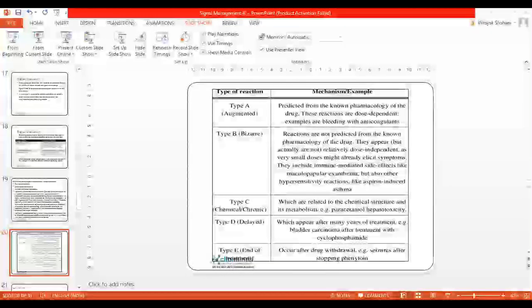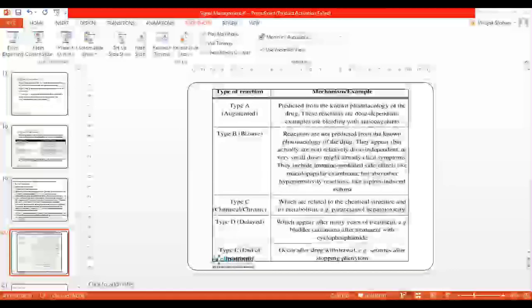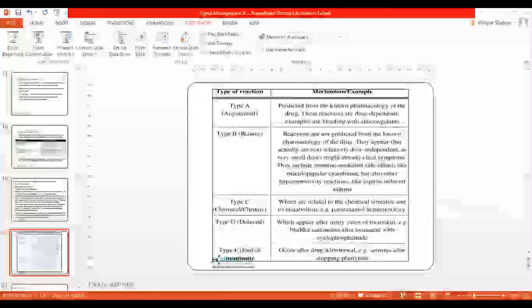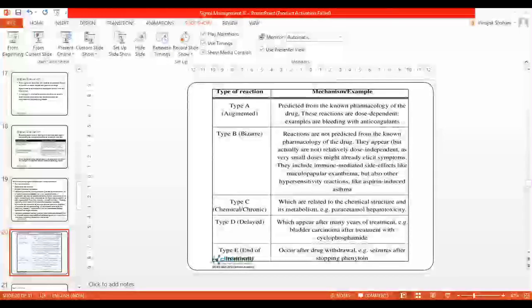For example, bleeding with anticoagulants. Then there could be type B, bizarre reactions, which are not predicted from the pharmacology of the drug. They appear but are not dose dependent, and very small doses might also elicit symptoms. They include immune mediated side effects like maculopapular exanthema, and hypersensitivity reactions, aspirin induced asthma being an example.